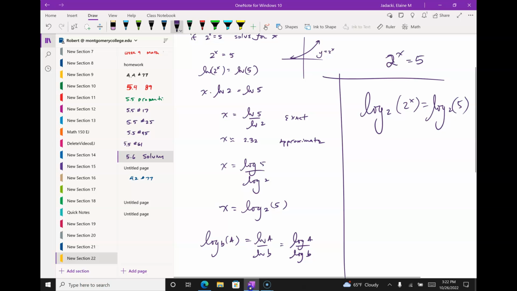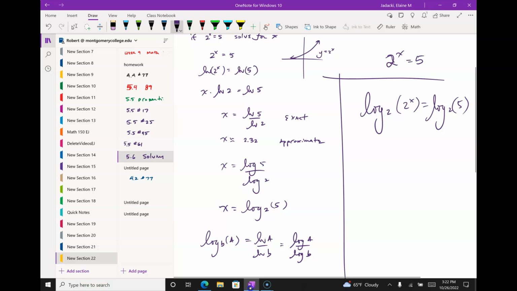Because I have base 2 as my exponential. They cancel each other out. They're inverse functions. So what do I get on the left?